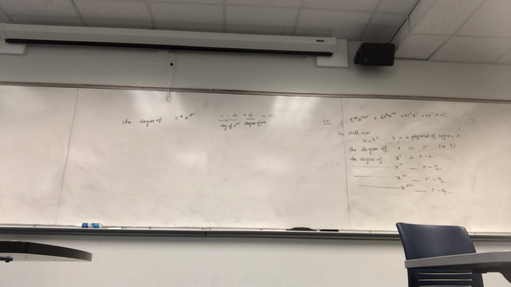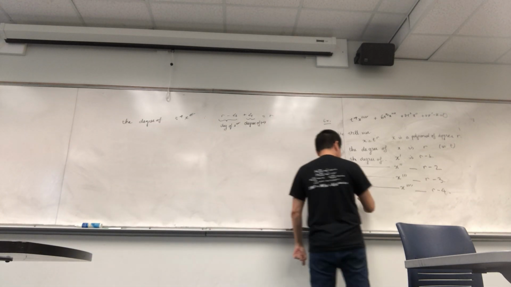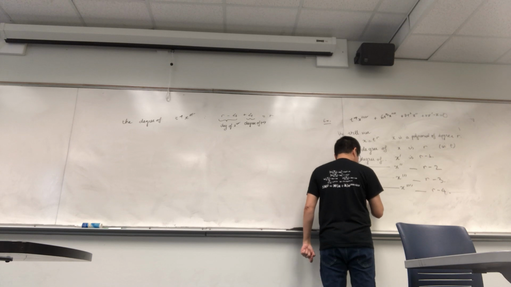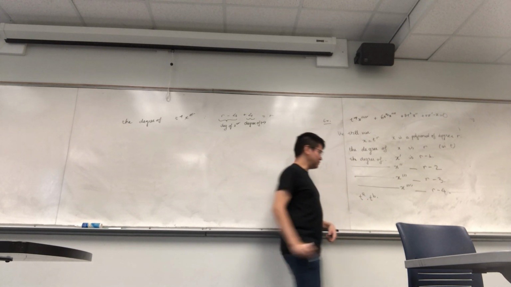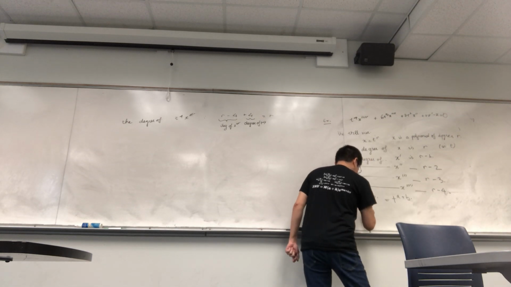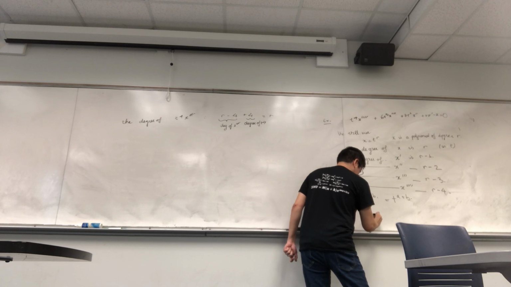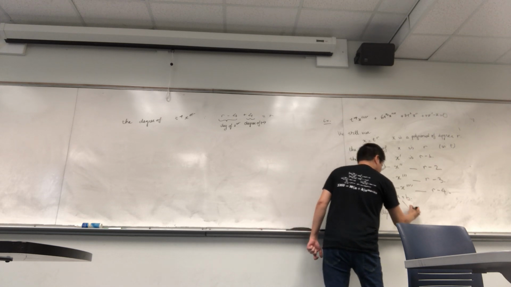So when you have t to the a times t to the b, this is degree a and this is degree b. When you multiply them, you have t to the a plus b.